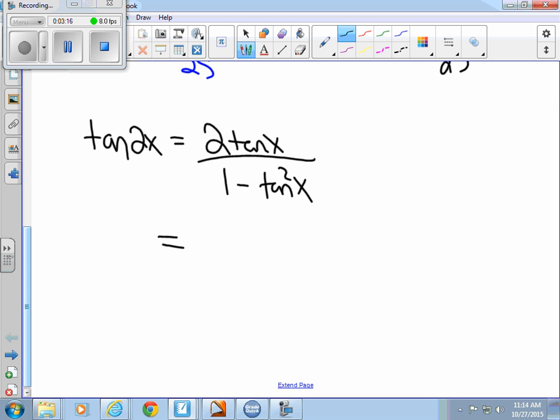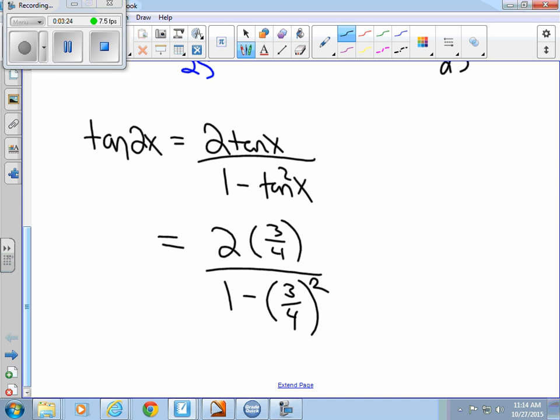On this particular problem, it might not be a bad idea to go do this one from the original. Kind of a check and balance, make sure you didn't make any mistakes along the way, because we know the original was tangent, so just make sure I didn't draw my triangle wrong or anything like that. 3/4 squared is 9/16.